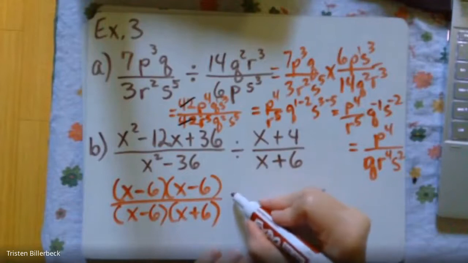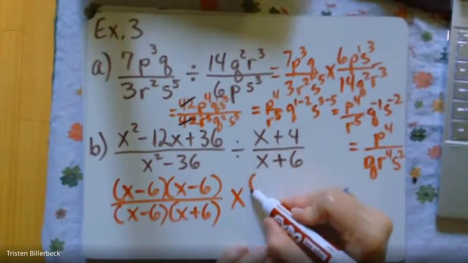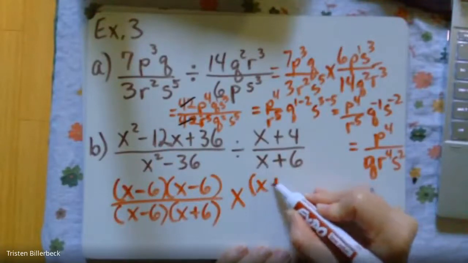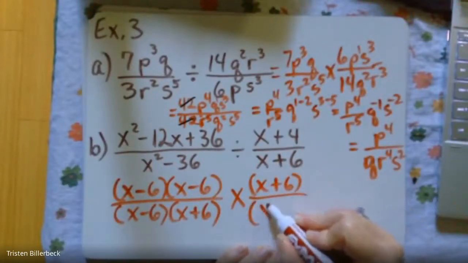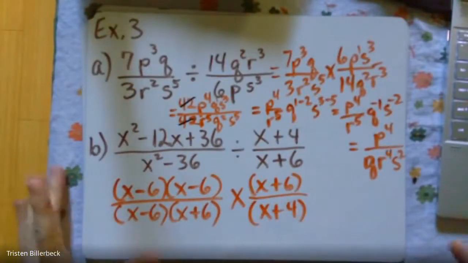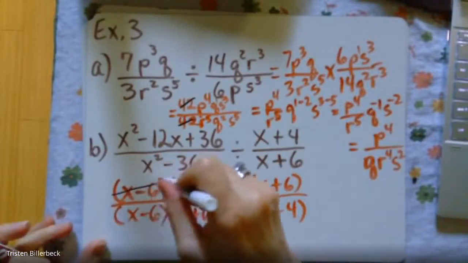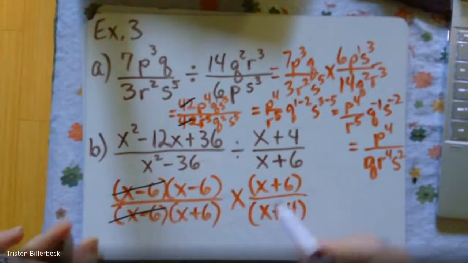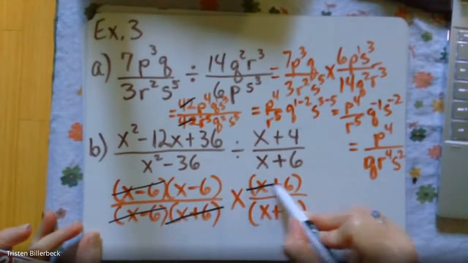Got to find the things that you can cancel. It's just a puzzle. And then when you flip this, isn't this becoming quite the puzzle? And x plus 4 is down here. So we do massive cancellation. And look at this, we have this on top, this down below.